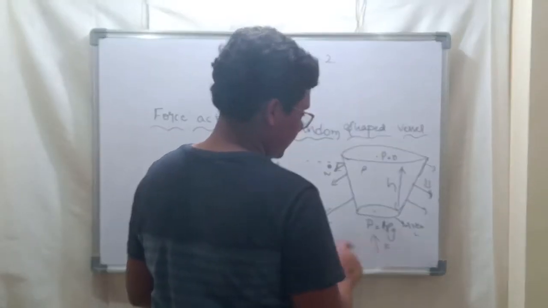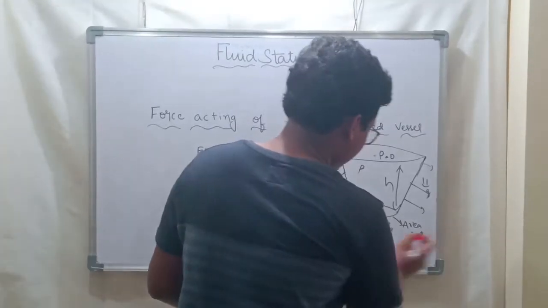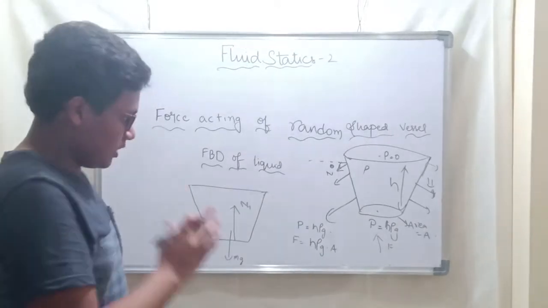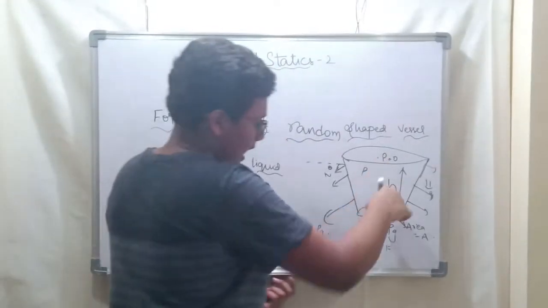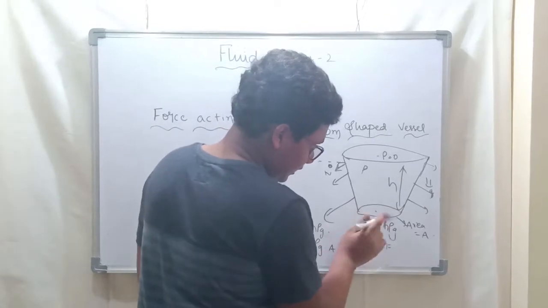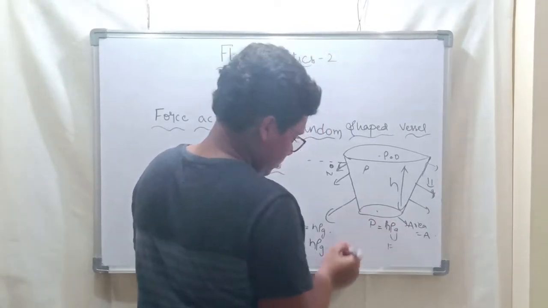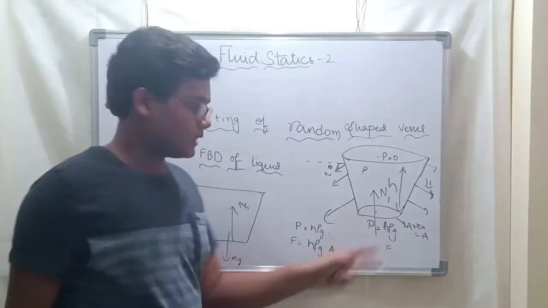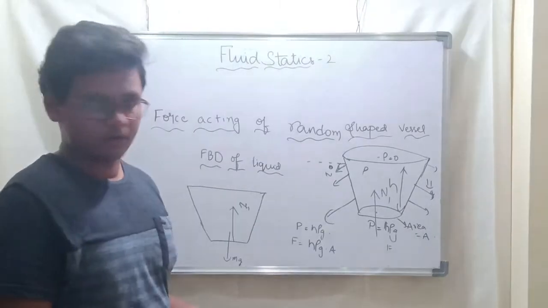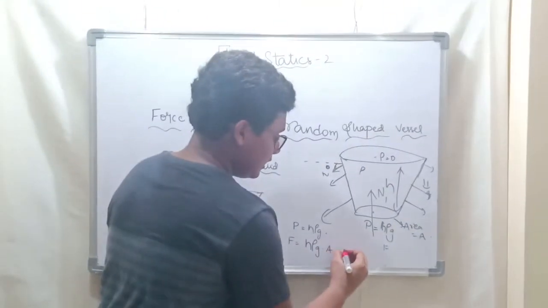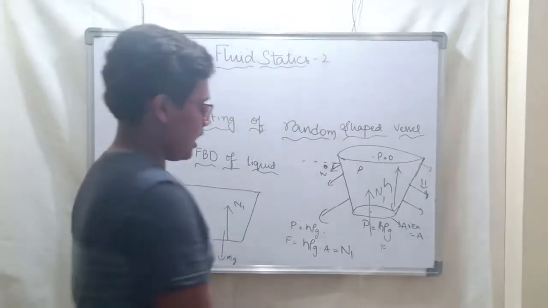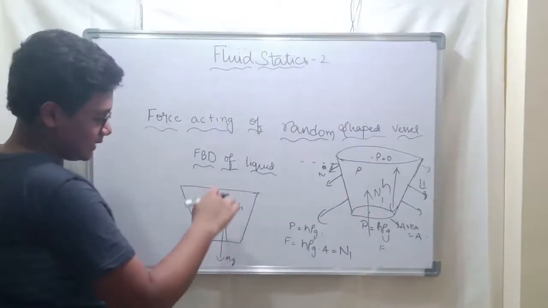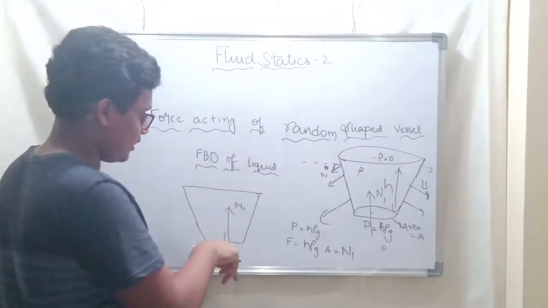We will take the area as A. F is equal to h rho g into A. So this is N1. The force is N1. The normal force and F are both the same. So N1 is equal to h rho g into A. N1 is acting in this direction, mg is acting in this direction.